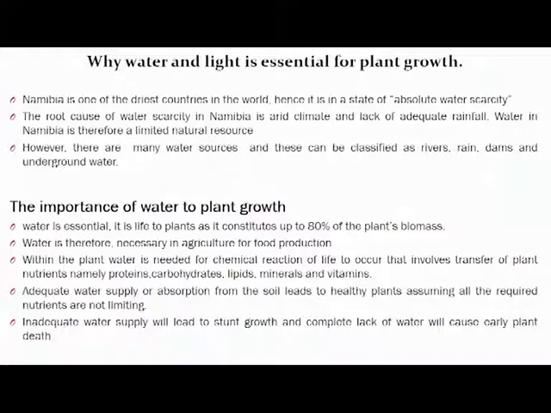Now, coming to this subject, for example, in Namibia, we say Namibia is one of the driest countries in the world. Hence, it is also in a state of absolute water scarcity. Water is very scarce in our country due to the climate or weather conditions in Namibia. So the root cause of water scarcity in Namibia is, as I said earlier, the arid climate.